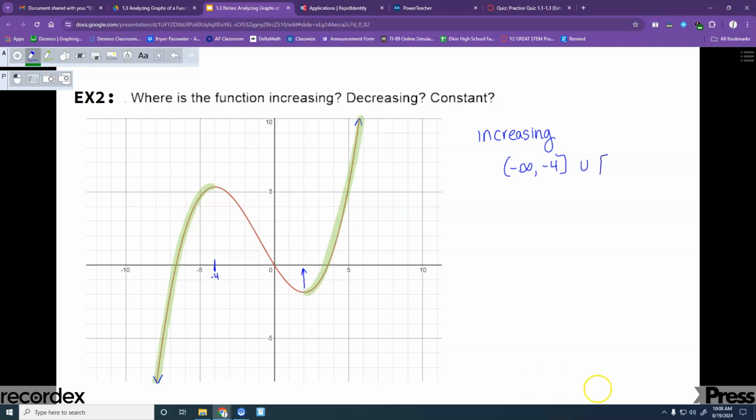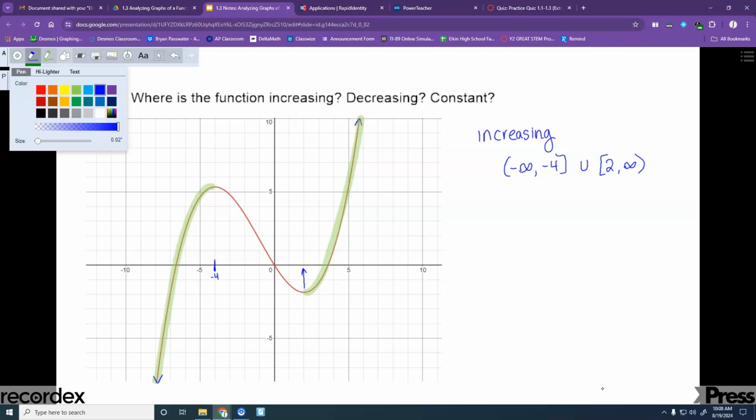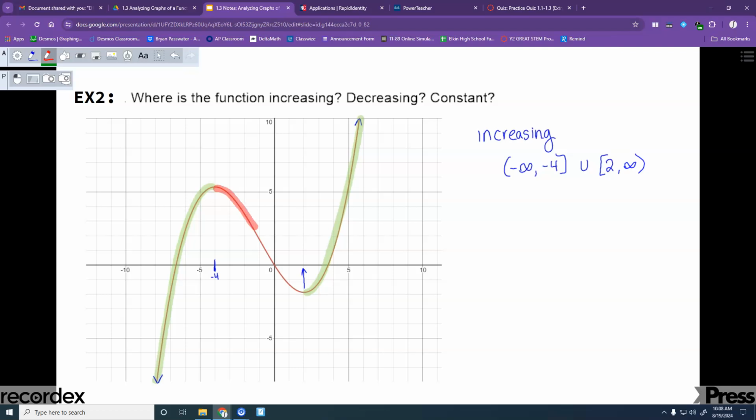So we want to do 2 up to infinity there. And so this piece in between right here is where we're decreasing. That's this section right here, and that is in between these two that we have here. So that would be from negative 4 to positive 2.